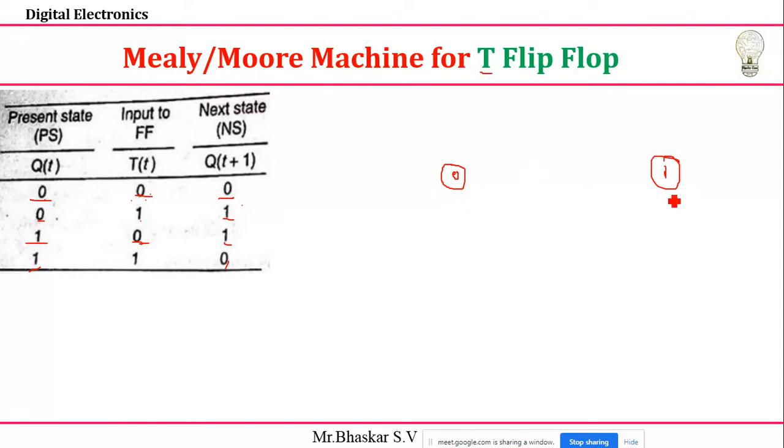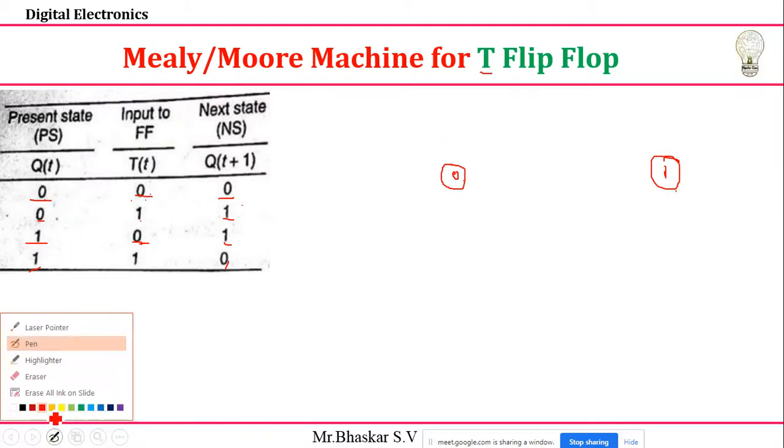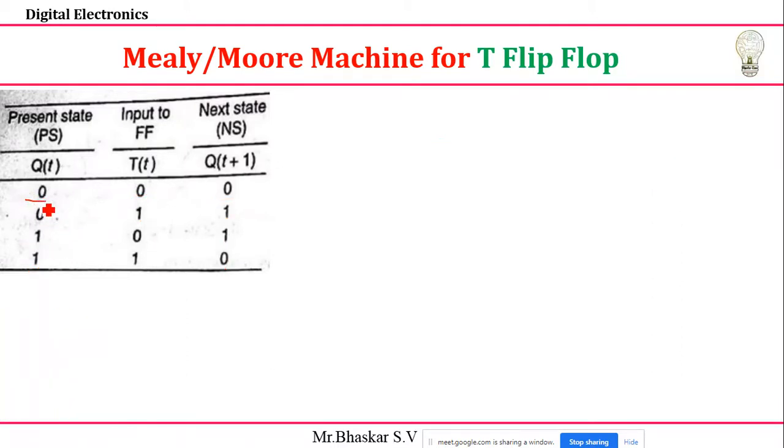So now how to write the state diagram? You write two circles and represent the two states, 0 and 1. Then analyze the same way. Present state value is 0, and this one I'm going to take 1. This is my present state. Next state it will come to 0, it should be here only, just write this arc.